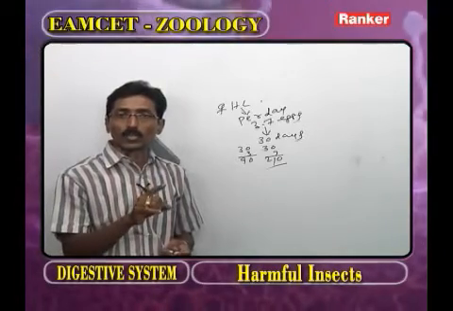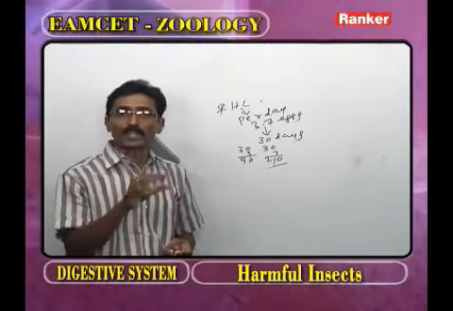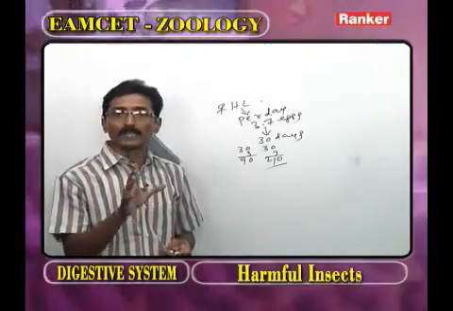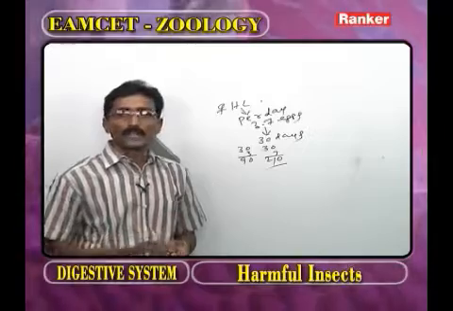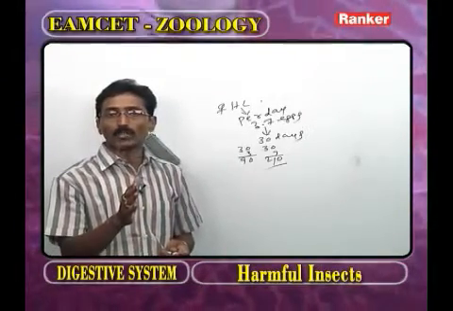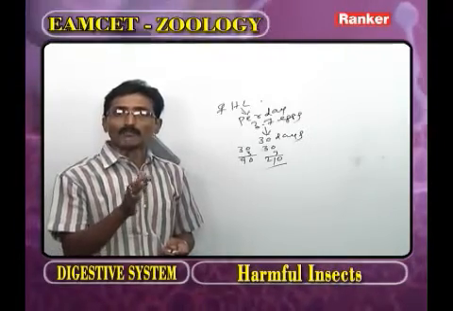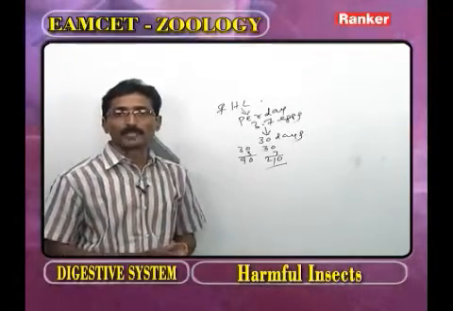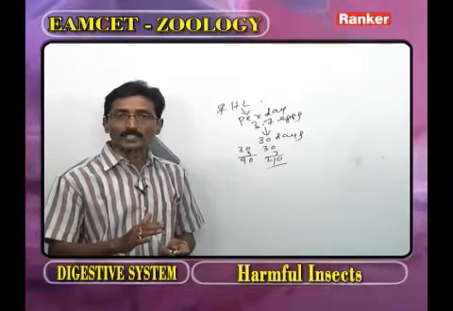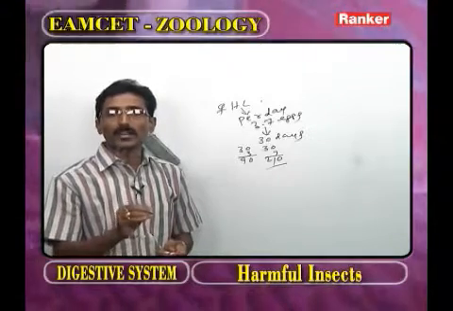Now the foregut and hindgut are derived from ectoderm, whereas the midgut is derived from endoderm. Now, what is the larval form of cockroach? The nymph. What is the larval form of bedbug? The nymph. The larval form of headlouse, nymph. In the next class, we have to discuss the remaining topics with important bits.